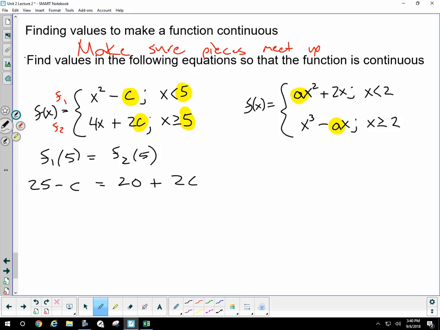Okay? And then we solve. Subtract 20, add c. I get 5 is equal to 3c. Divide by 3, c is equal to 5/3.